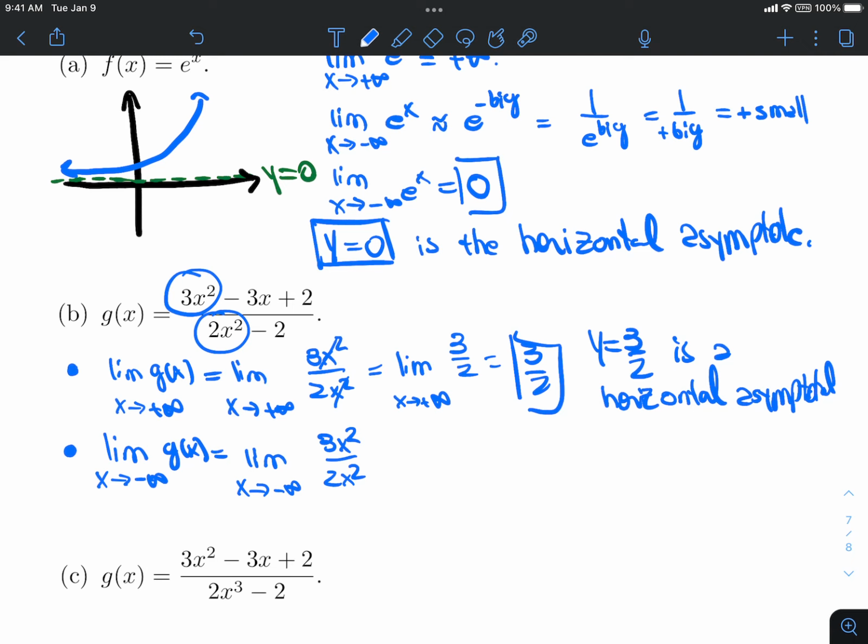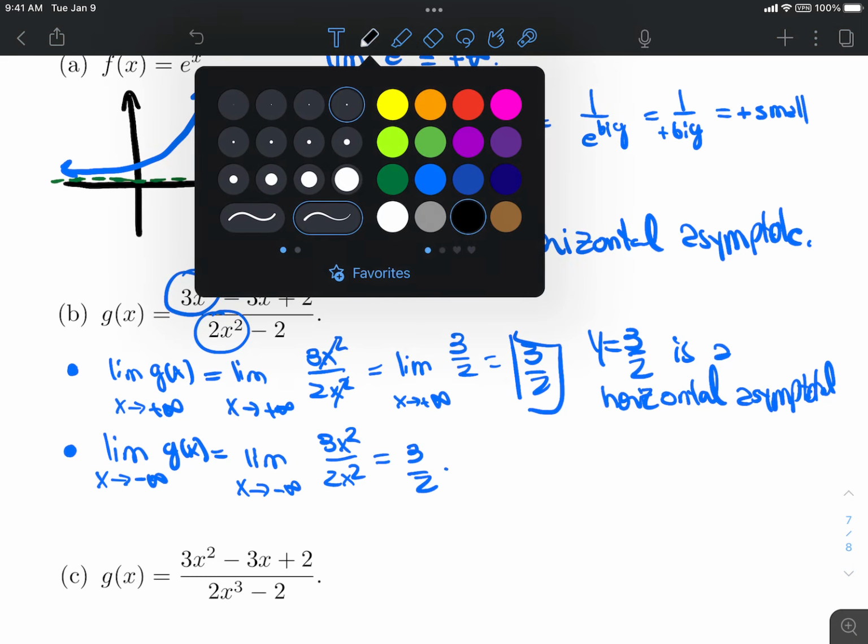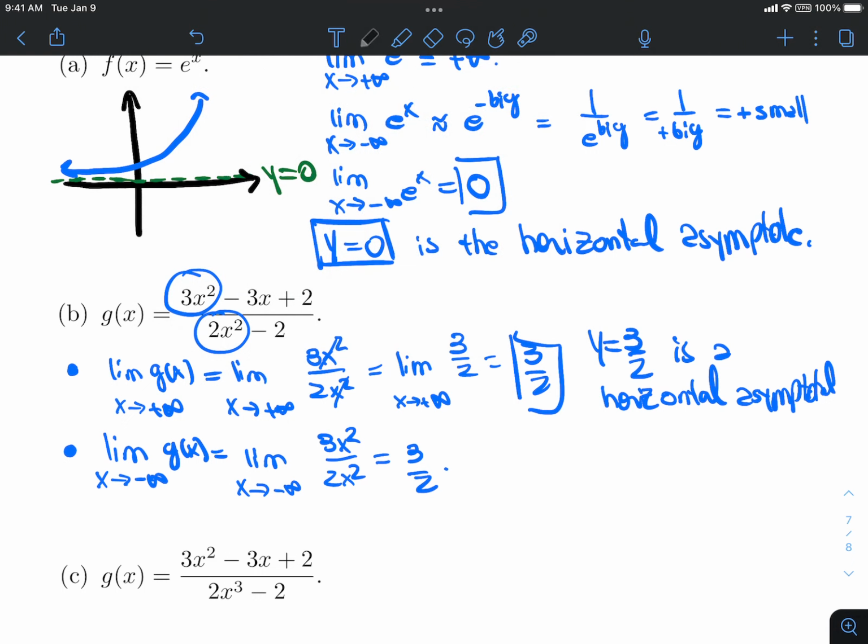And still same thing, it cancels, so this is 3/2. We don't get another asymptote, we just get another fact about the graph. So there's only one asymptote because y equals 3/2 is it.